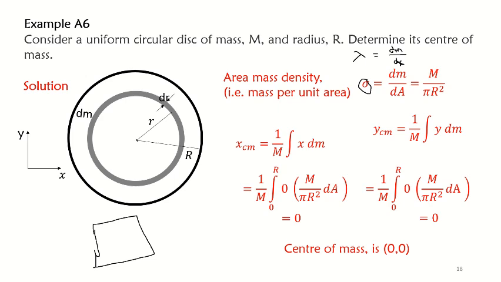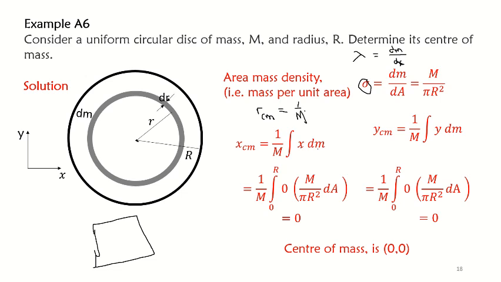Because remember our formula is 1 over m integral of x dm. But we want to say center of mass will be what? We are taking it as two plane xy, because we're talking about area mass density.